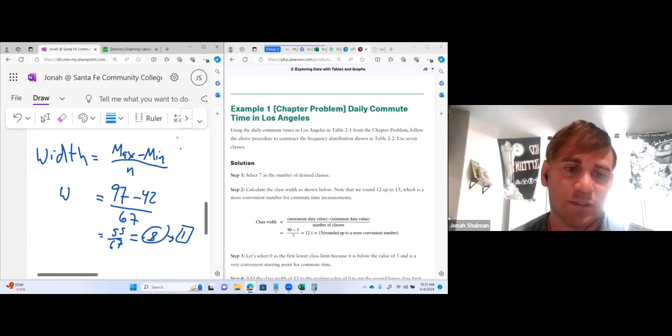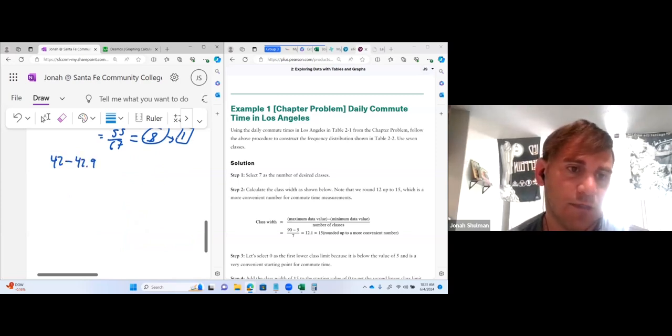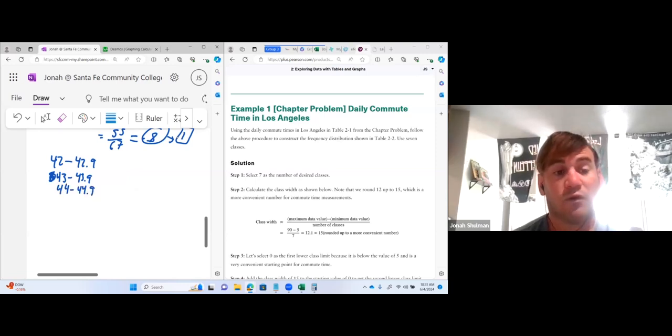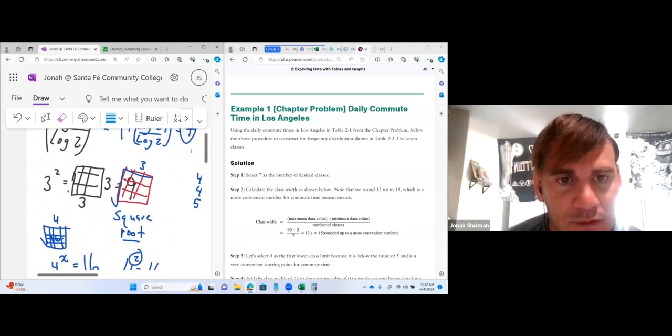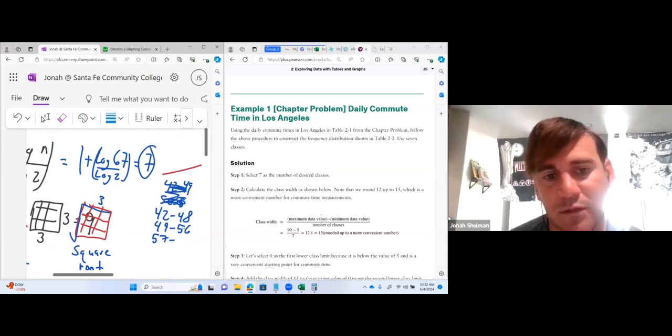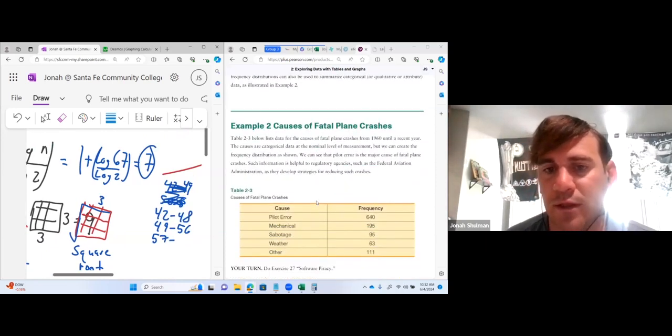If we're going by ones every time, our chart would look like this: 42 to 42.9, 43 to 43.9, 44 to 44.9, and we'd have to go all the way down to 97. But as you can see, by using the real math, 7 would have made a lot better of a chart, or 10 would have been a better chart, but that's okay.